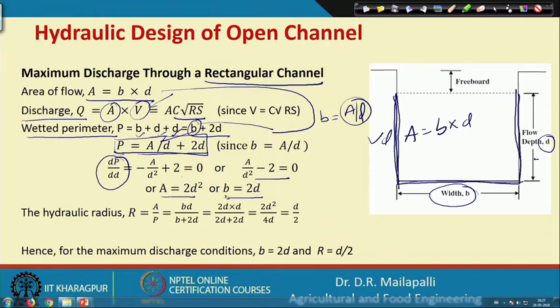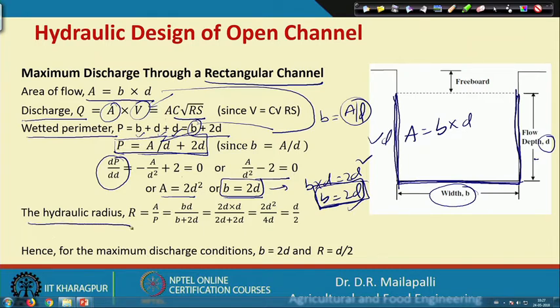So b d is equal to 2d square, and then b is equal to 2d. That means the breadth or the width should be 2 times the depth. In this case you get the maximum wetted perimeter. This is one condition.